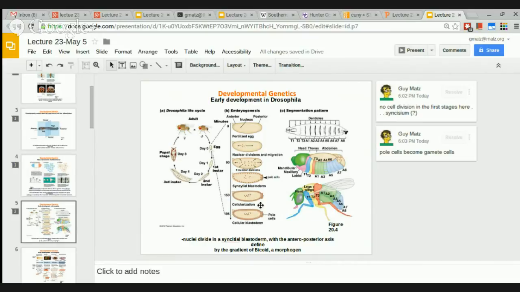And there's a single layer of nuclei here, and that means that the cellularization process leads to the formation of a single layer of cells around the periphery of the embryo.